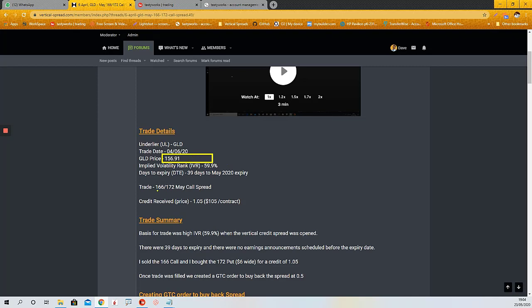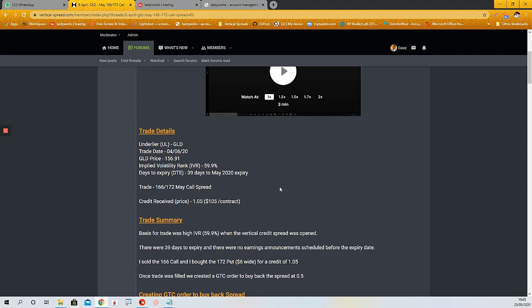So I sold the 166 call, giving someone the right to buy from me at 166. As GLD goes from 156 towards 166, the premium that I received, say $1.05, all things being equal, should be going up. I should be losing money.